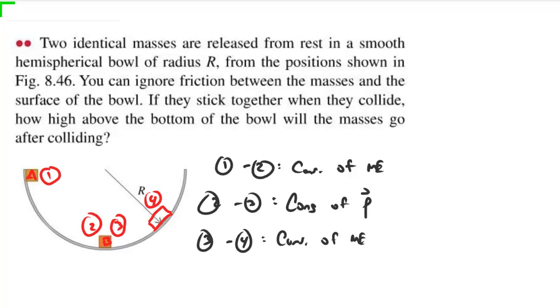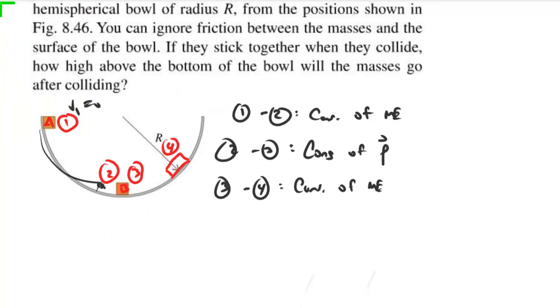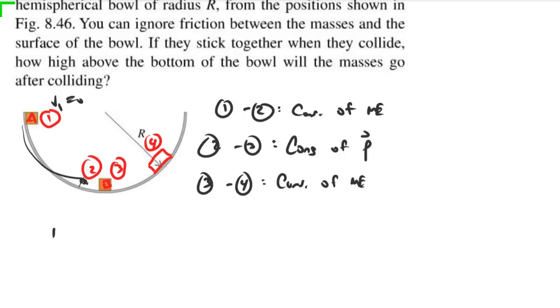Okay, so let's go ahead and write this out. From 1 to 2, knowing that it starts out at rest, so v1 is equal to 0, we can first find the speed of A at point 2, and then momentum, etc. So let's start out with 1 to 2.